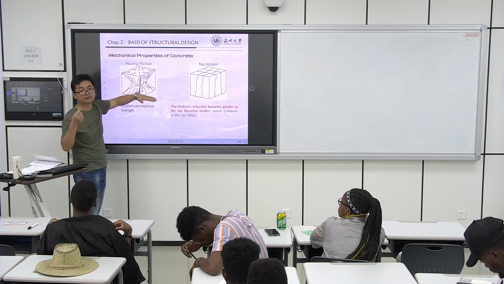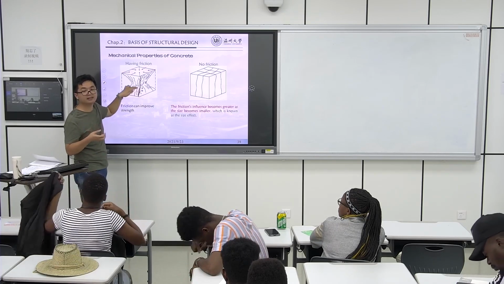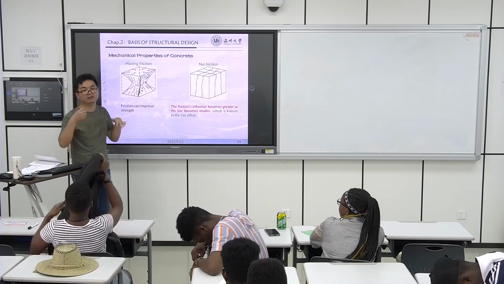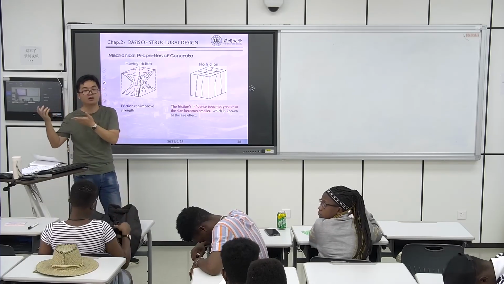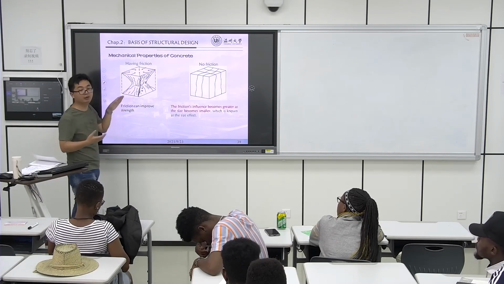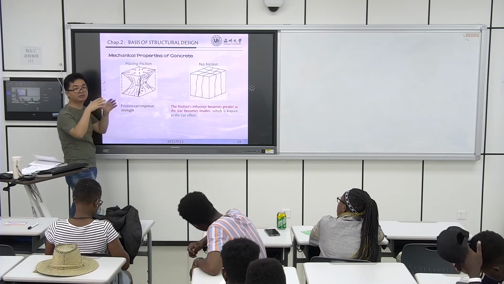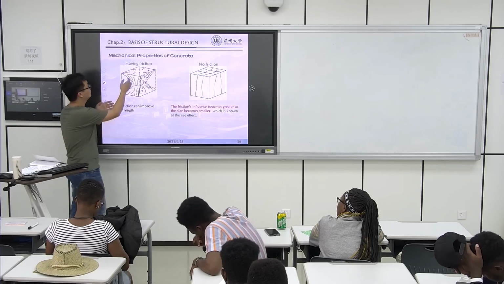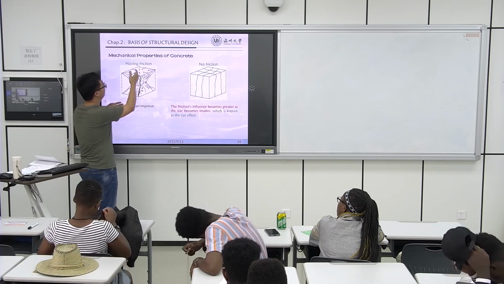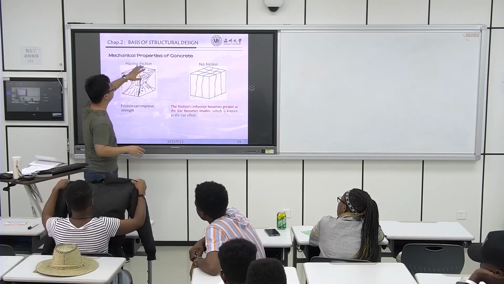Of course, the concrete's own friction exists inside, the friction of the concrete itself. But here, why does the failure mode look like this, like rectangulars?